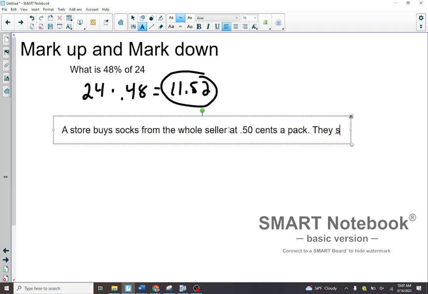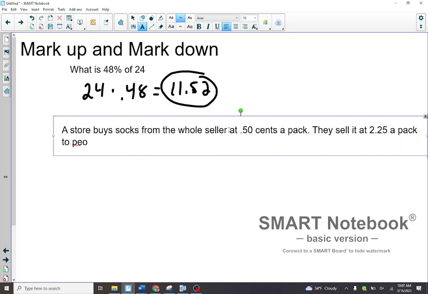They sell it at $2.25 a pack to customers, to people. What is the amount marked up and the percentage marked up?